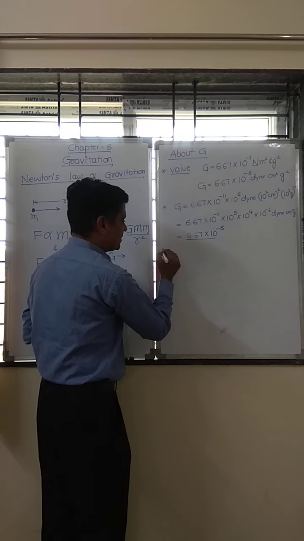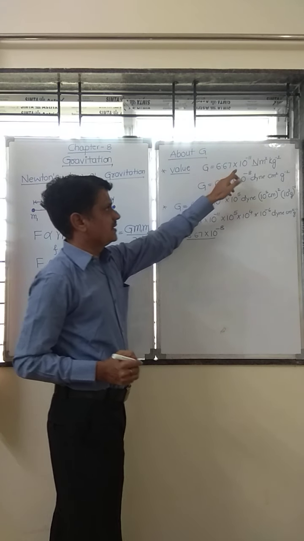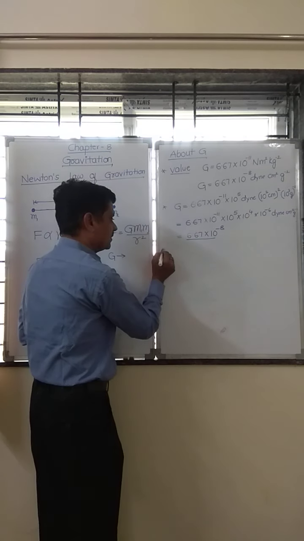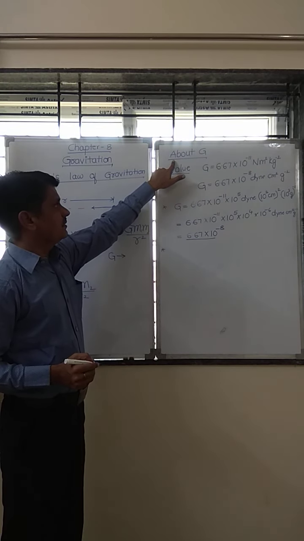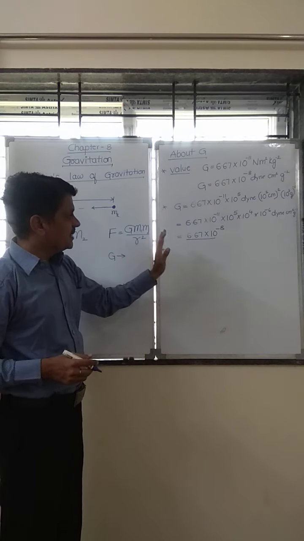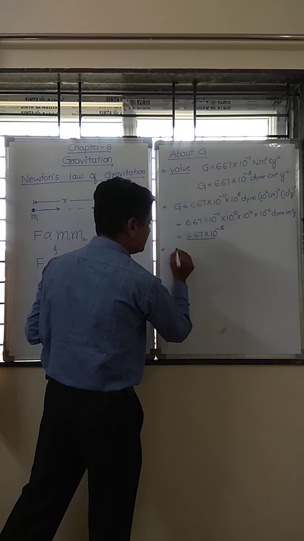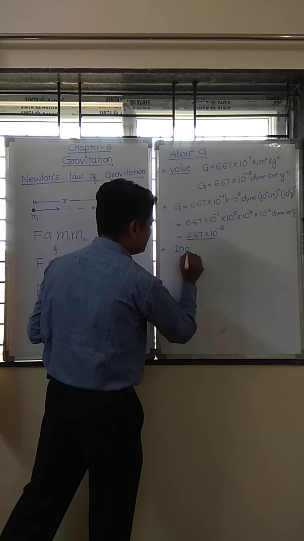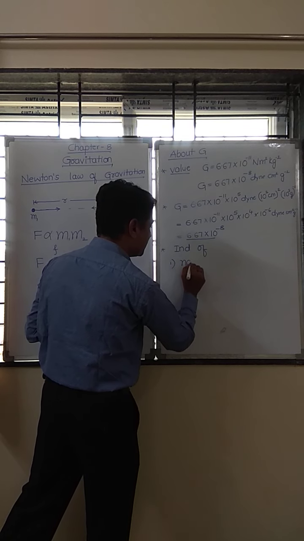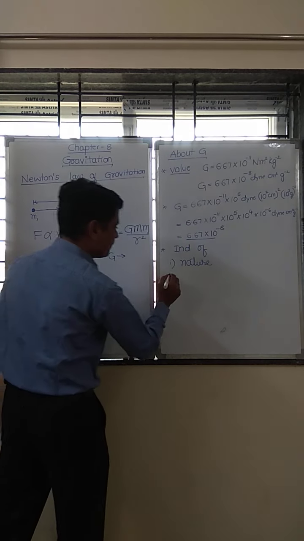Second, after this value, next is the dimensional formula, that we already arrived at in system of units and measurement. I don't want to go into detail once again. Third, this is a universal constant, therefore the value of G is independent of, first, nature of material of the two bodies.